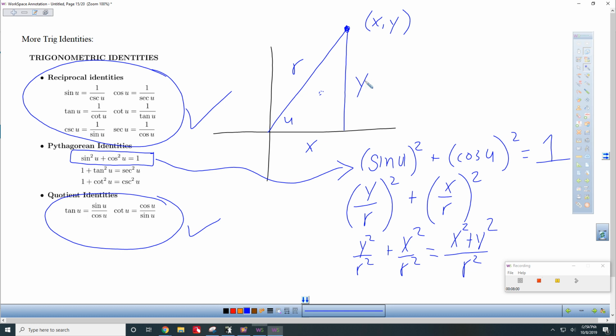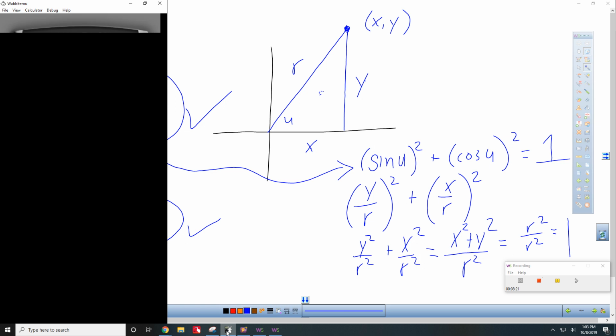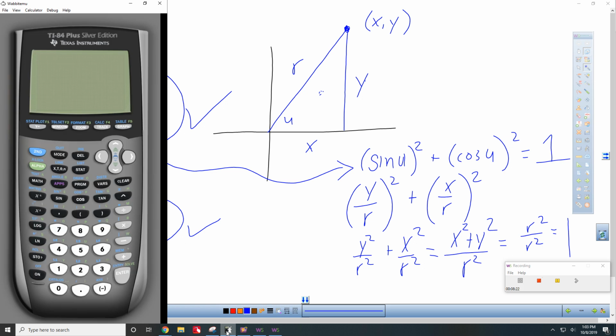It's hypotenuse squared. And what is our hypotenuse in this triangle? It's r. So we can take out x squared plus y squared and put in an r squared. And what's r squared over r squared? It's 1.